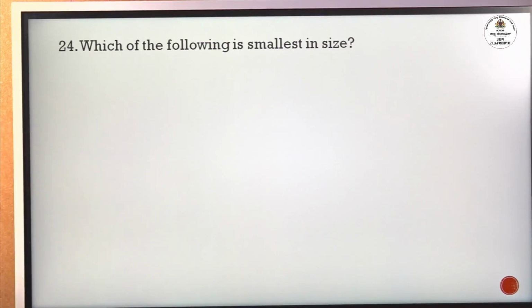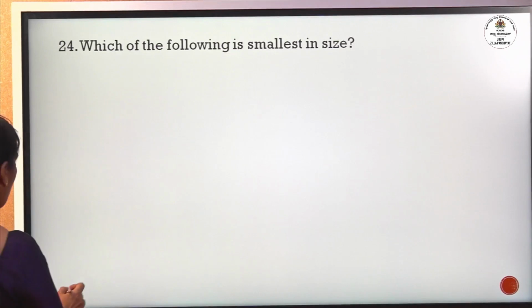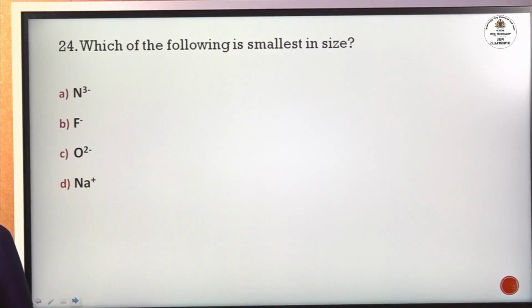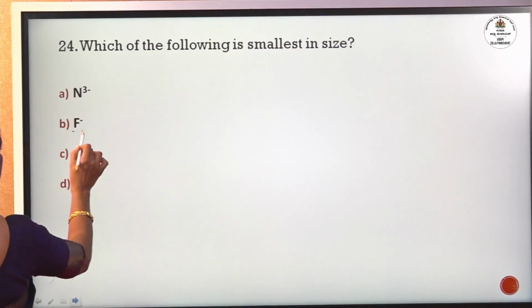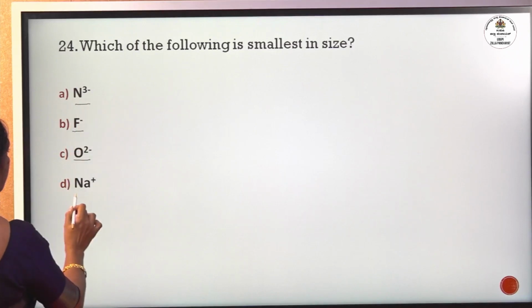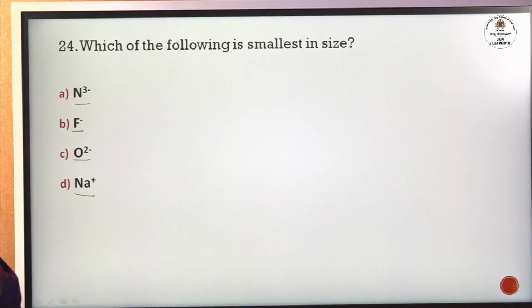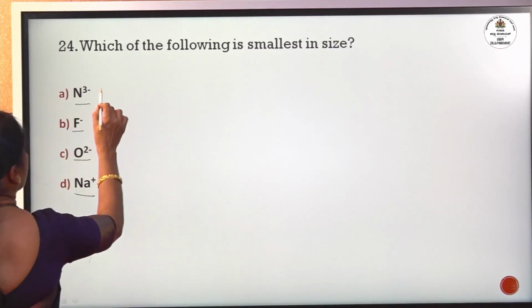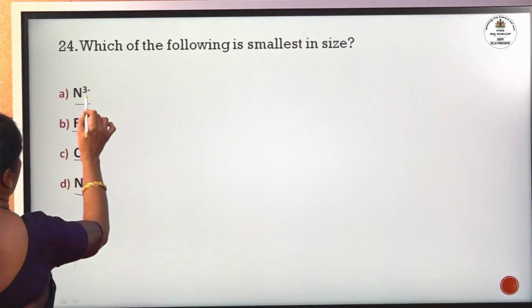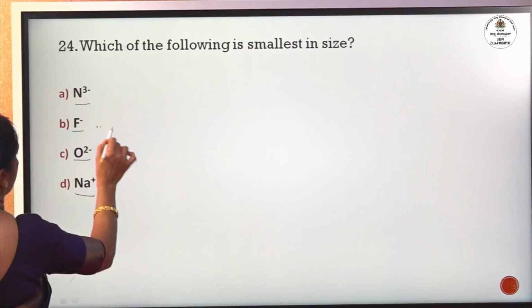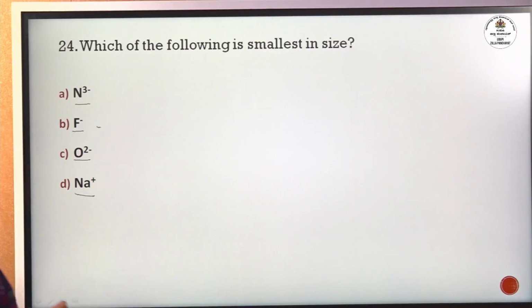Which of the following is the smallest in size? The options are N3 minus, F minus, O2 minus and Na plus. Now, all these are isoelectronic species, with 10 electrons each.